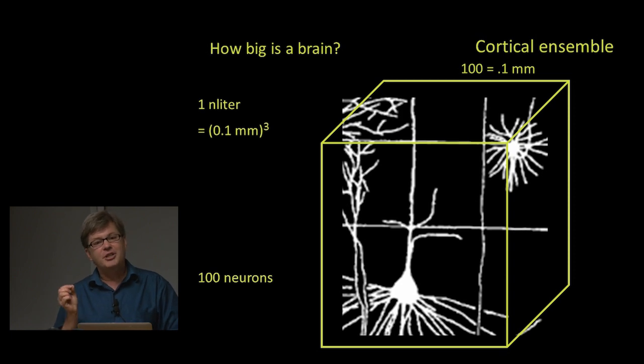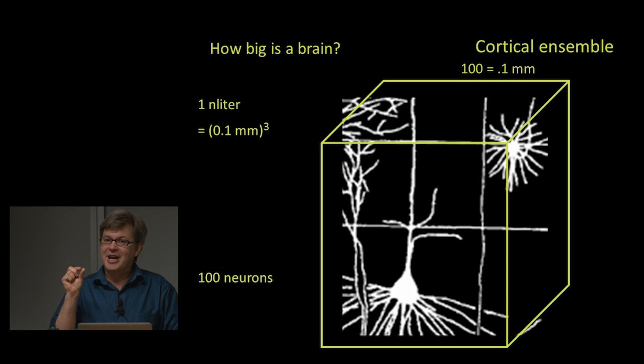A cubic millimeter is a very small grain of rice, or a very large sesame seed. It's something that you could imagine holding in your hand and having just the tiniest bit of heft. 100 microns is much smaller, and it's almost exactly the thickness of a human hair.